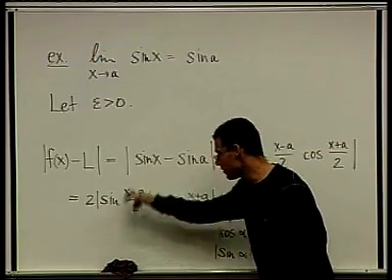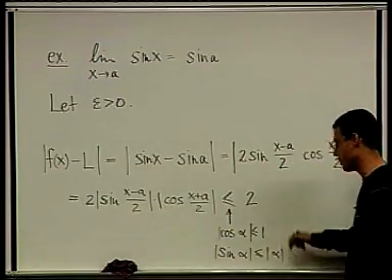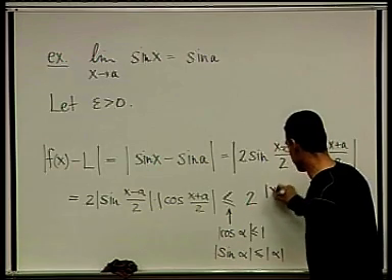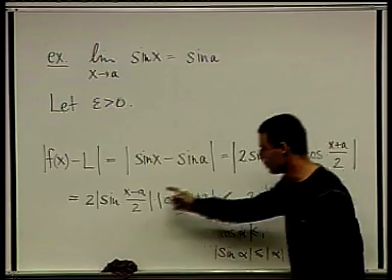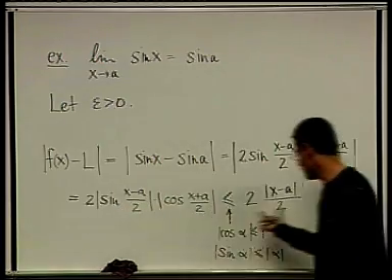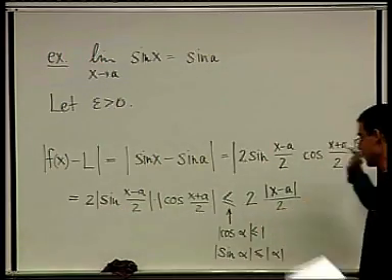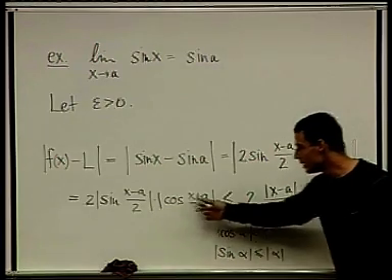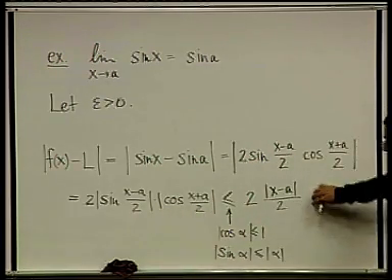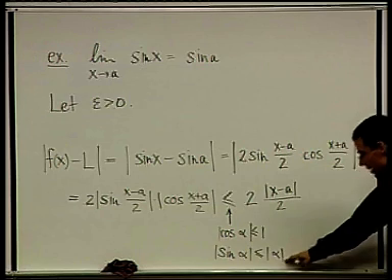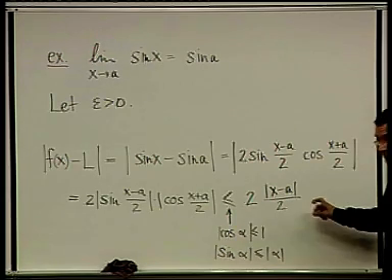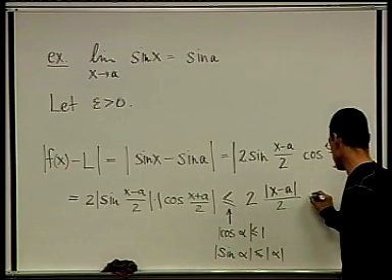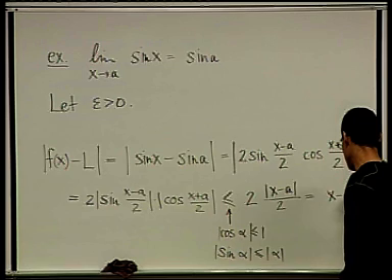Instead of sine of this thing, I just write the thing. So I get x minus a divided by 2. I replaced sine of this by just the argument. And that's it. The 1 replaces this. So believing this, do you agree to this step? Everybody? Okay. And now the 2's cancel out, so I just get x minus a.